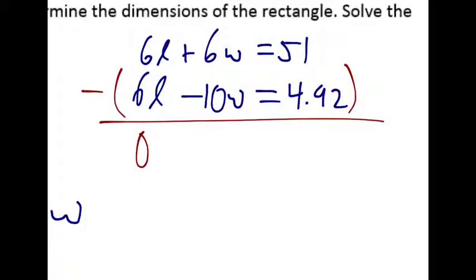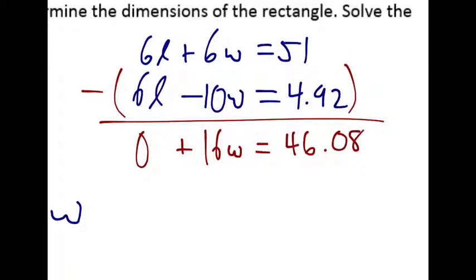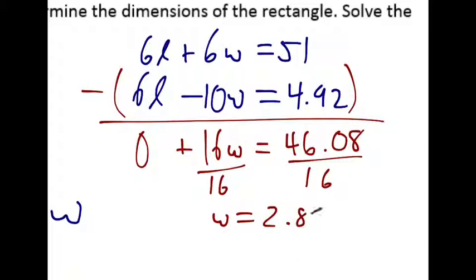You're adding, essentially. And then 51 minus 4.92 is 46.08. Divide out the 16. W is 2.88. There's the width.